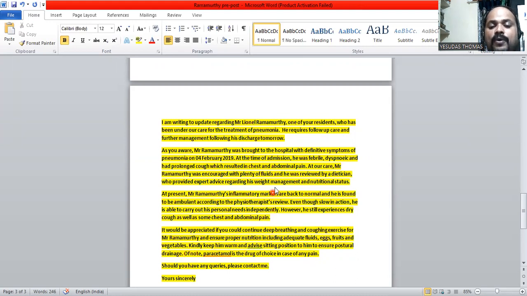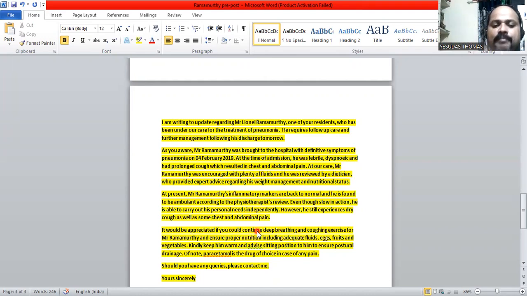We have not added deep breathing and coughing exercise in the previous paragraph. So we added it here, and we said if you could continue, which means that we have already started.